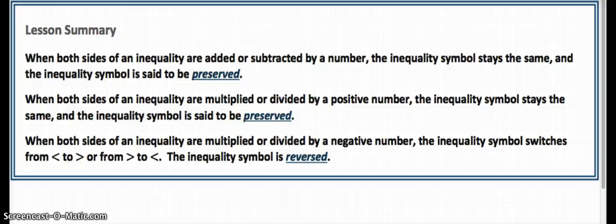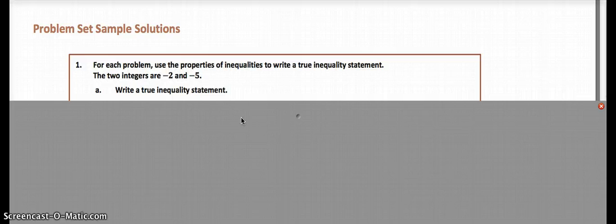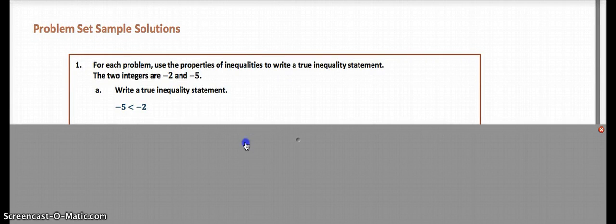So these were the concepts that you were to learn, and now we are to practice. For number 1, it says for each problem, use the properties of inequalities to write a true inequality statement. The two integers are -2 and -5. The only true inequality statement that could be written is that -5 is less than -2.